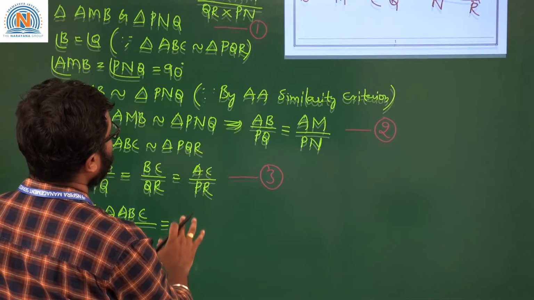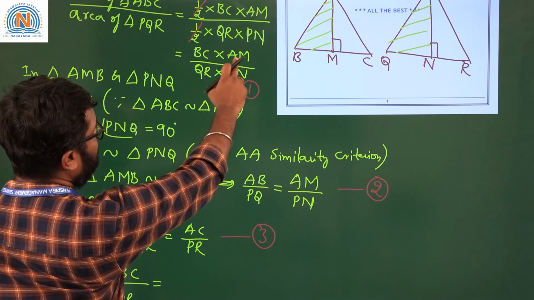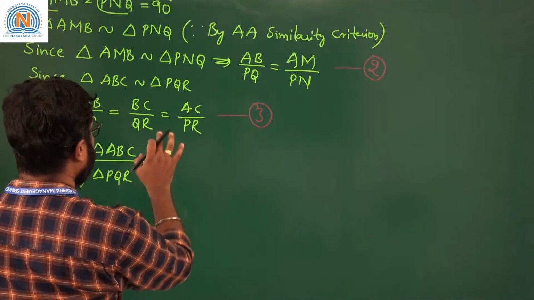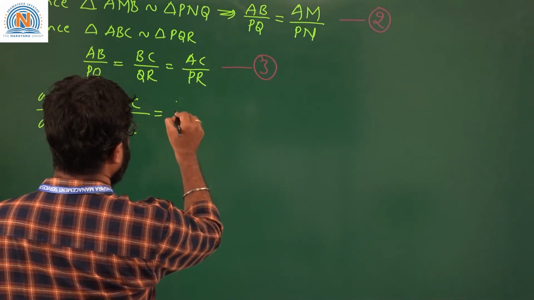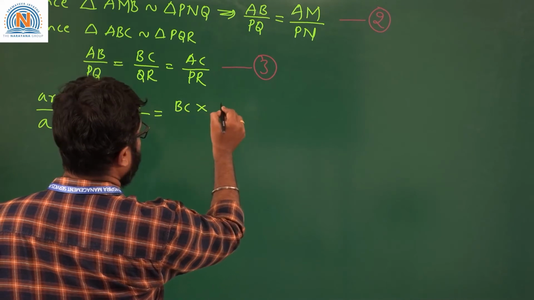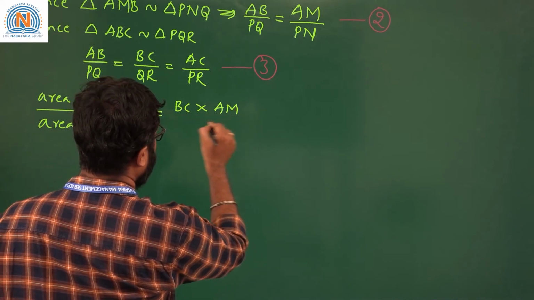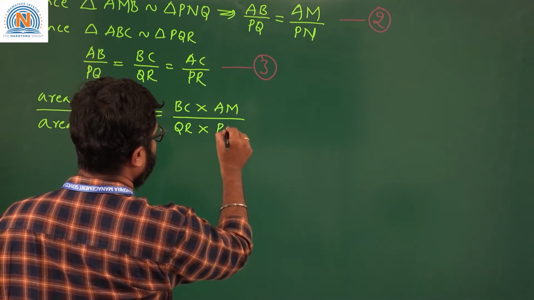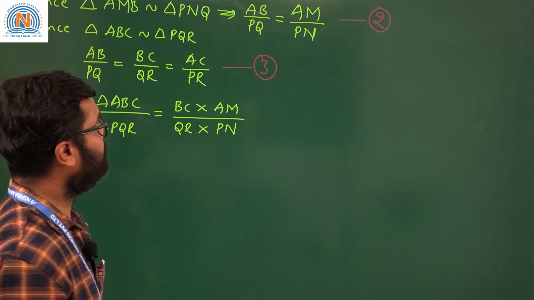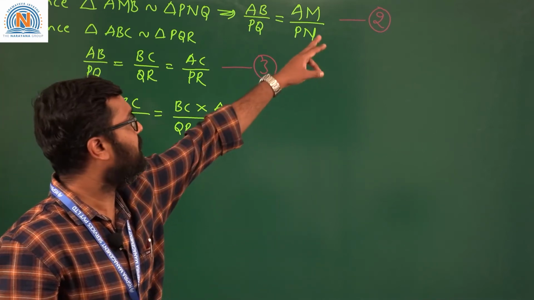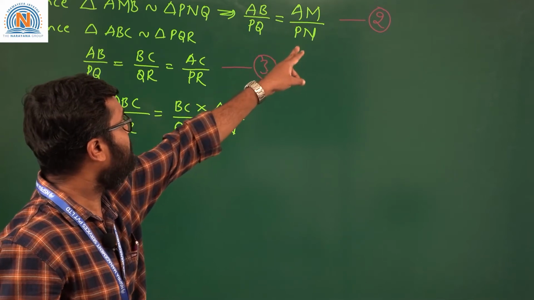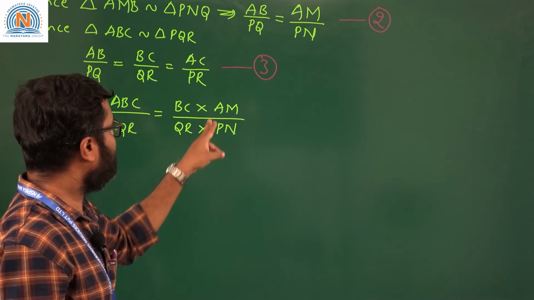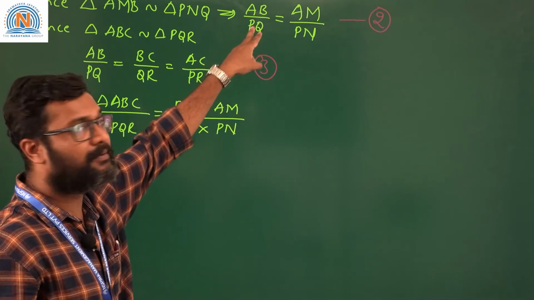BC into AM by QR into PN. See children, if you observe here second relation, AM by PN is equal to what, children? AB by PQ, isn't it? So in place of AM by PN, I can substitute AB by PQ.